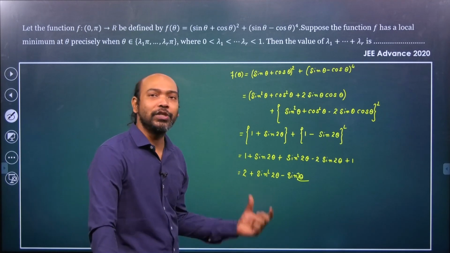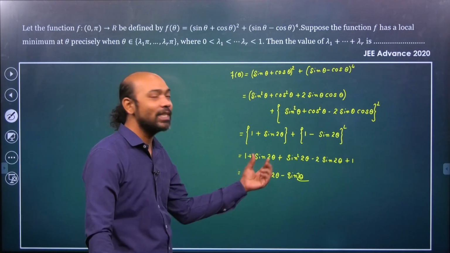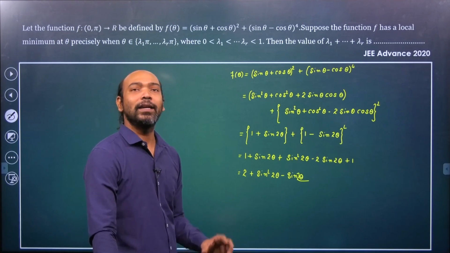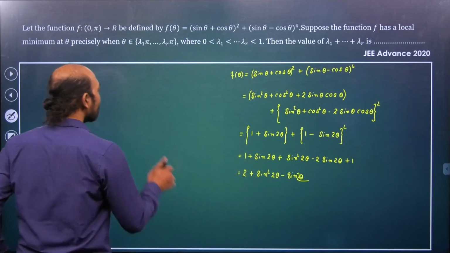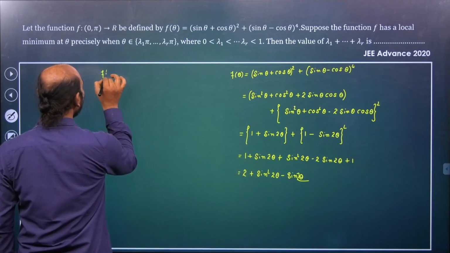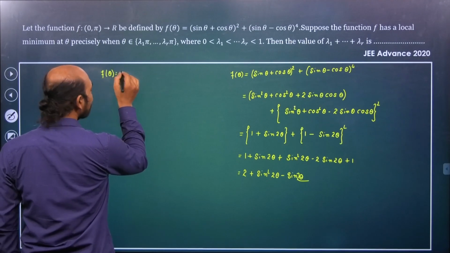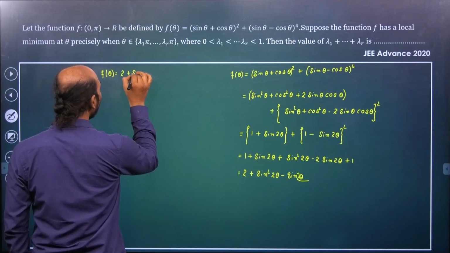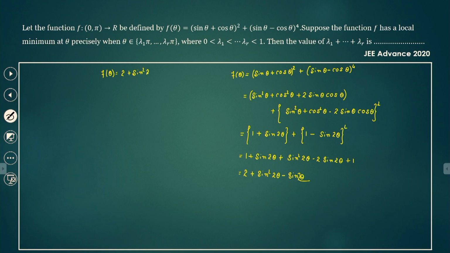With this normal calculation, we are able to find f theta. Now we can differentiate this. But as we have sine square 2 theta, we can use the completing the square technique. So f theta is equal to 2 plus sine square 2 theta minus 2 into 1 by 2 sine 2 theta plus 1 by 4 minus 1 by 4.